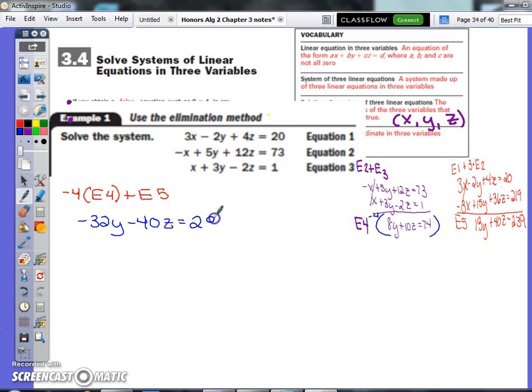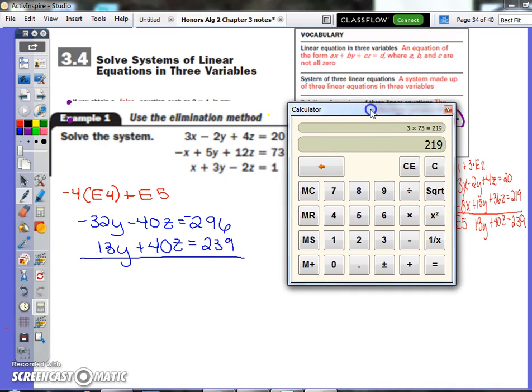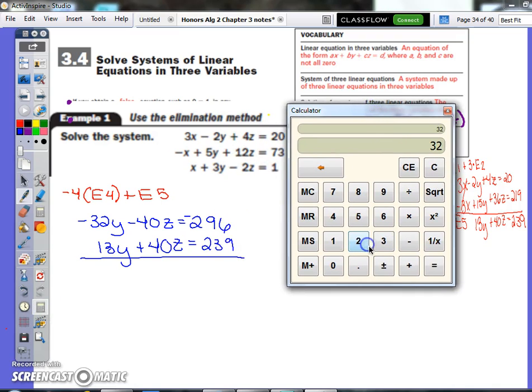Then we simply write equation 5: 13y plus 40z equals 239. That's what we come up with. So, negative 32 plus 13 equals negative 19y.